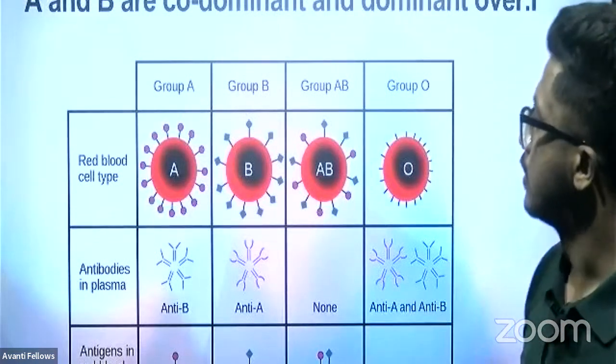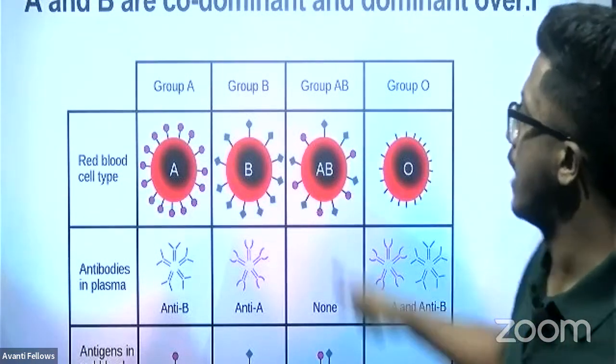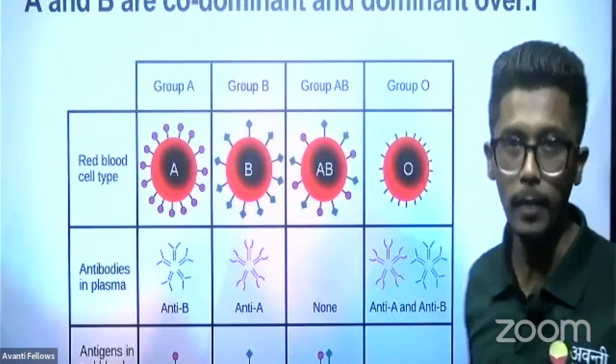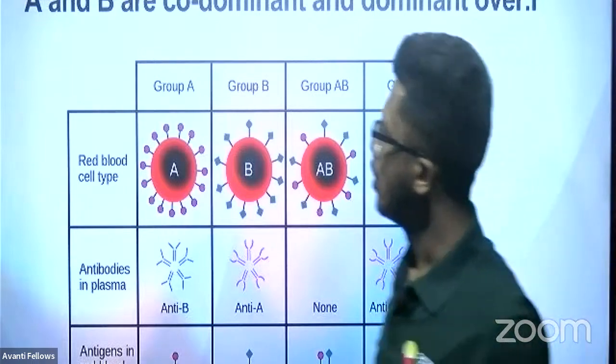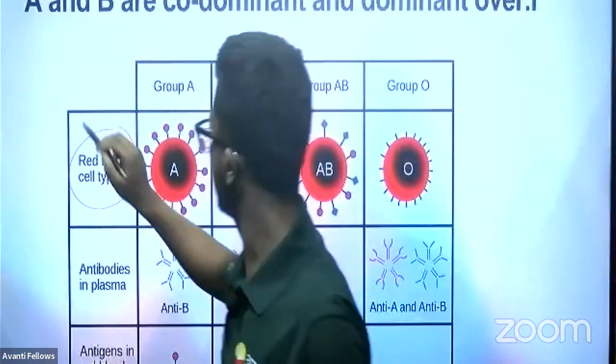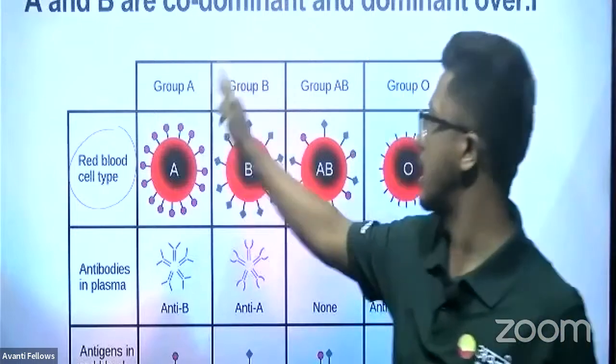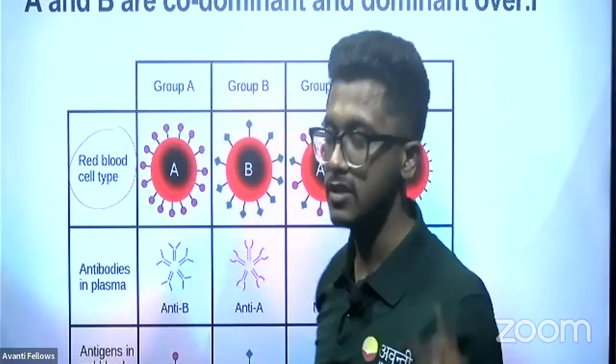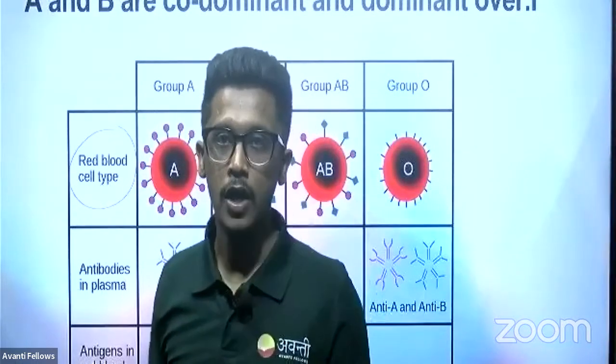We have the blood groups: A blood group, B blood group, AB blood group, and O blood group. How do we tell whether a person has A, B, AB or O blood group? We have solutions called anti-sera.